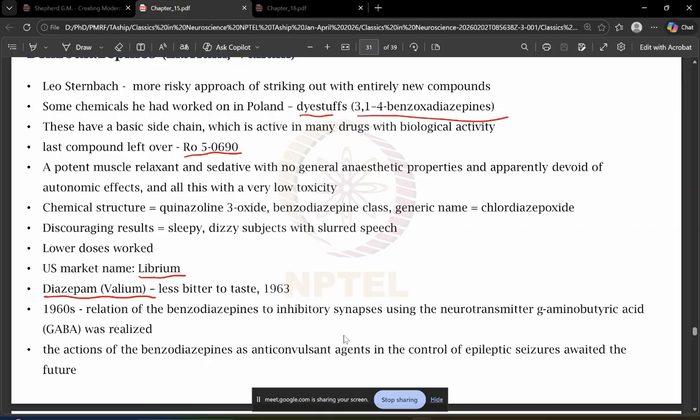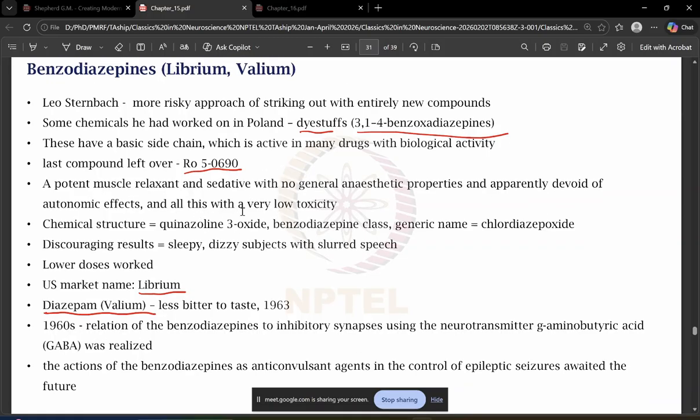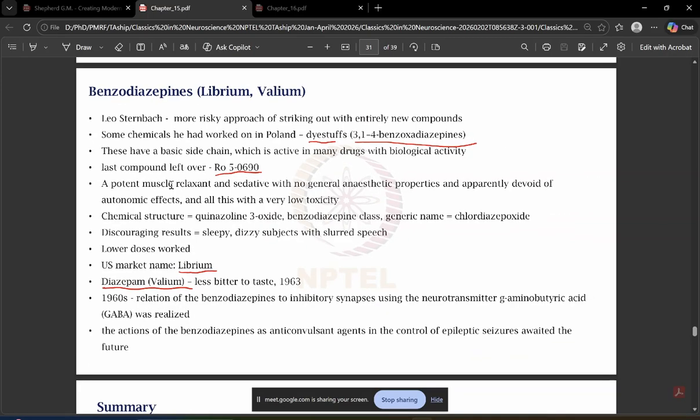And later it was also shown that in addition to the fact that they are able to cause muscle relaxation and reduce anxiety, but did not have any kind of anesthetic properties, it was also shown, much later, that benzodiazepines can also act as anticonvulsants or anti-epileptic agents, basically.